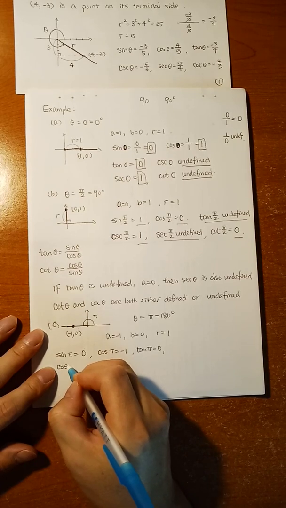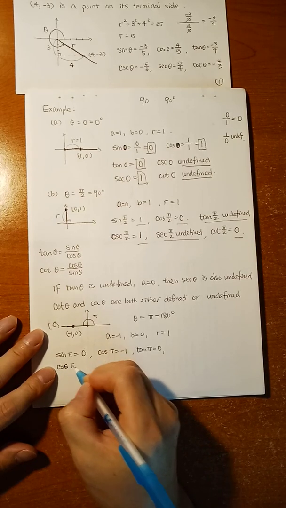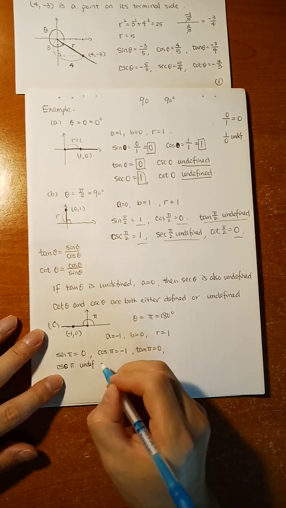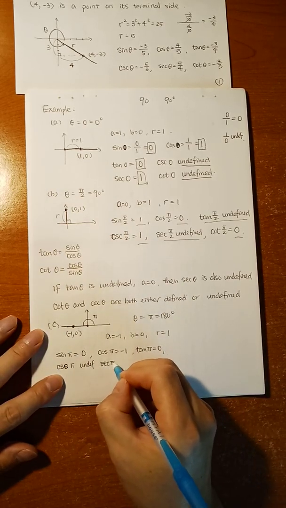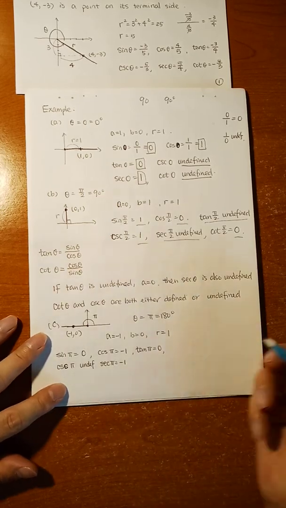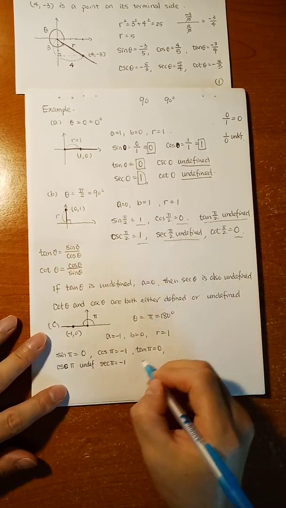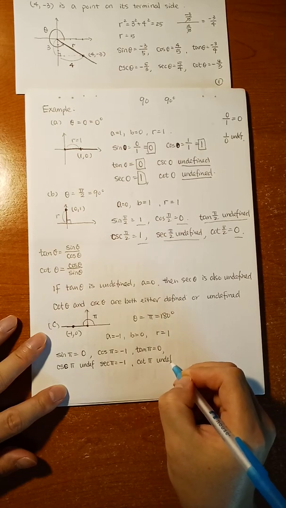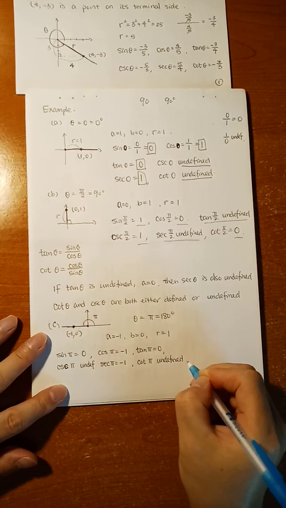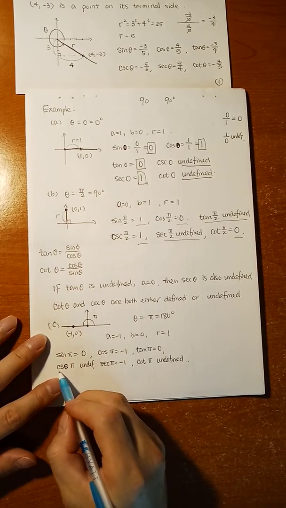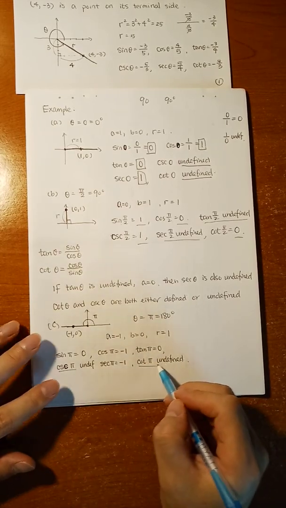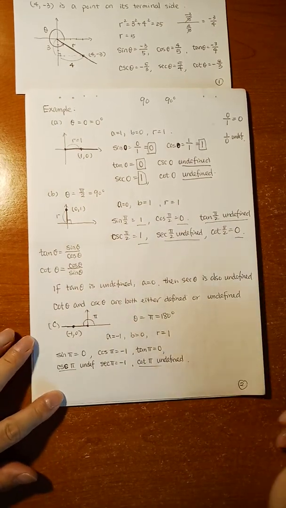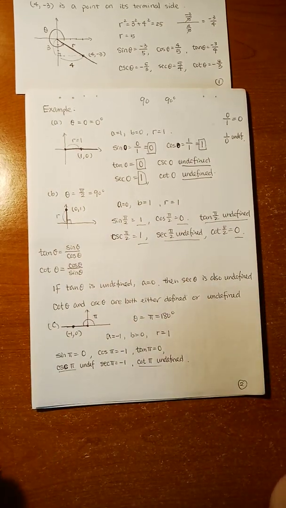You flip 0, cosecant pi is undefined. You flip -1, secant pi is -1. You flip tangent, cotangent pi is undefined. See, a similar thing. Cosecant and cotangent are both undefined.